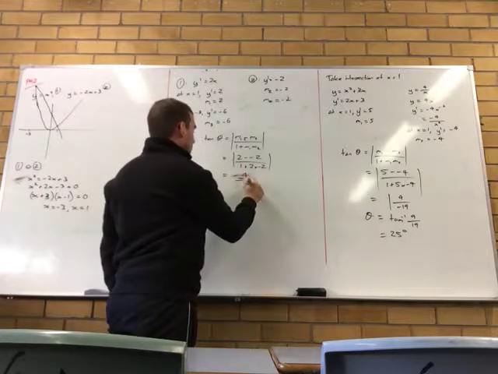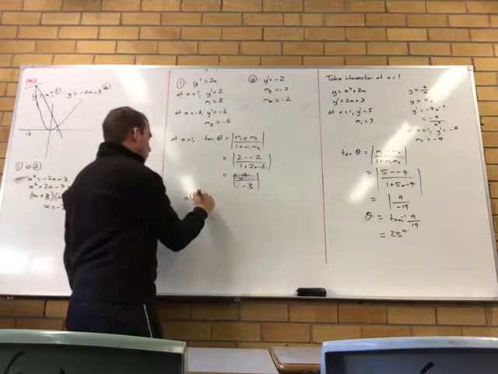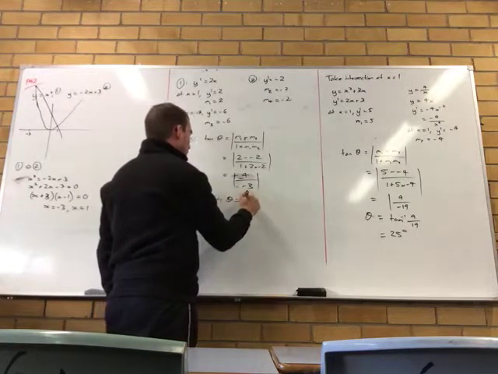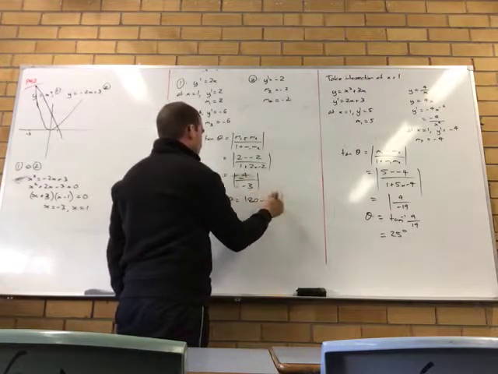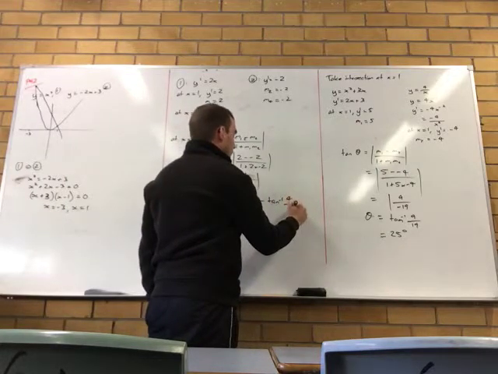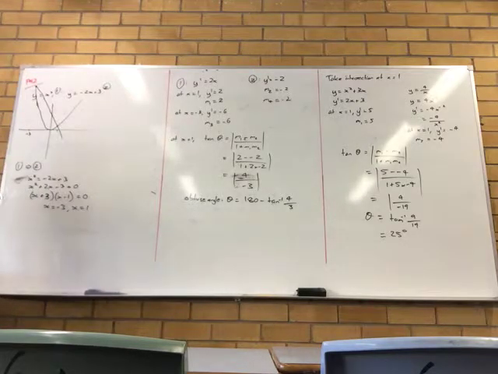-4 plus 1 is -3. So our obtuse angle theta is going to be 180 take away tan inverse of 4 over 3. We don't round in our final answer.